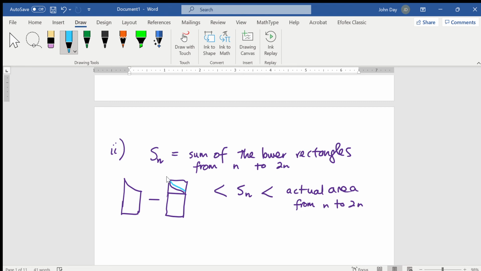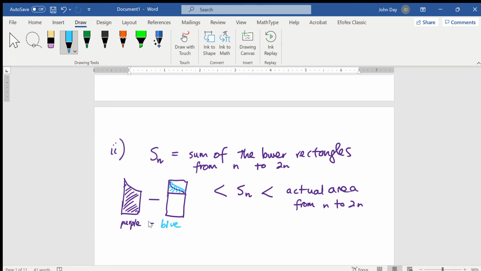I'm going to minus off all of that, the blue triangle, from the whole strip. So I'm going to take the whole actual area in each strip and minus off the blue, so the purple minus the blue, and it's smaller than the lower rectangles.